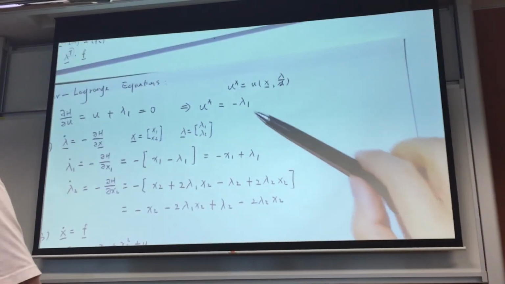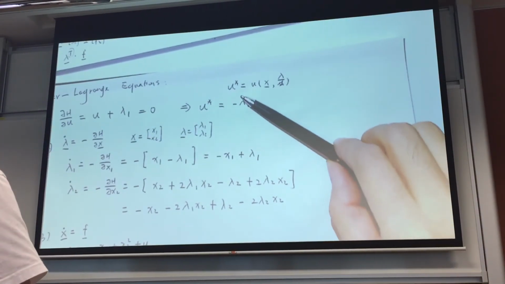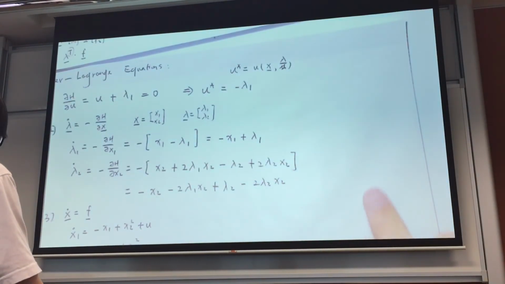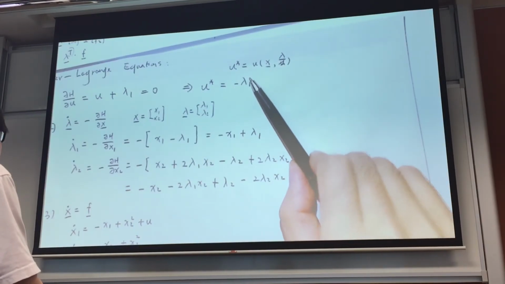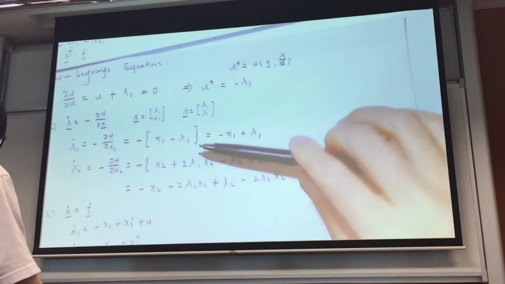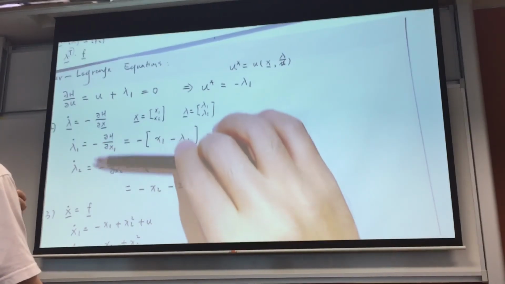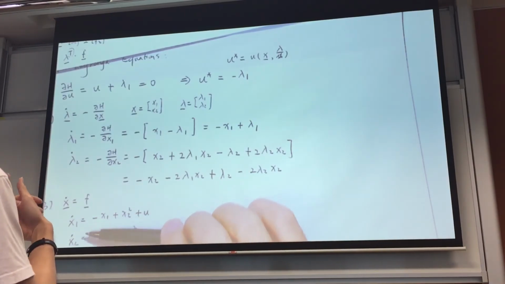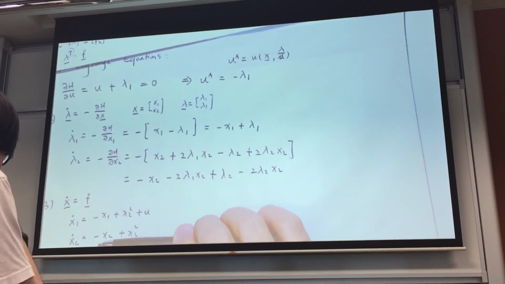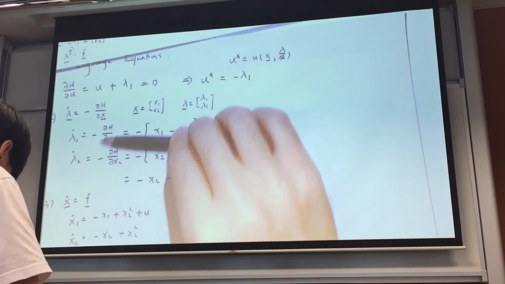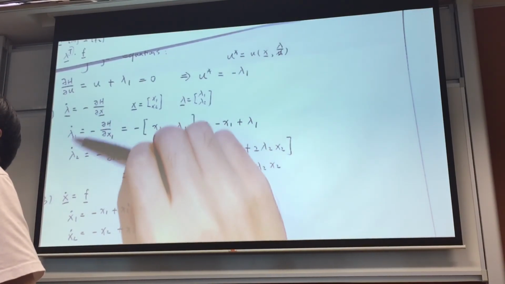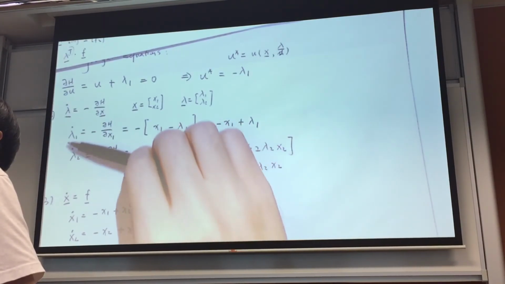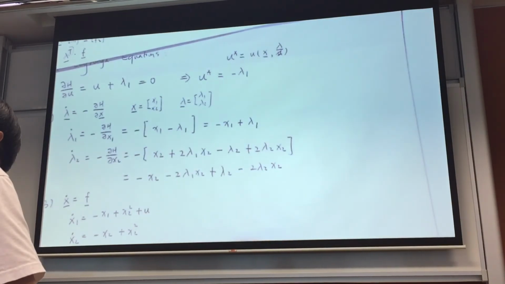Because the Lagrange multiplier is unknown, we require a set of differential equations to solve for it. Here we have the differential equation for the Lagrange multiplier, and we also have the differential equation from the original constraint. So we have these four differential equations and four unknowns, so we are able to solve them.